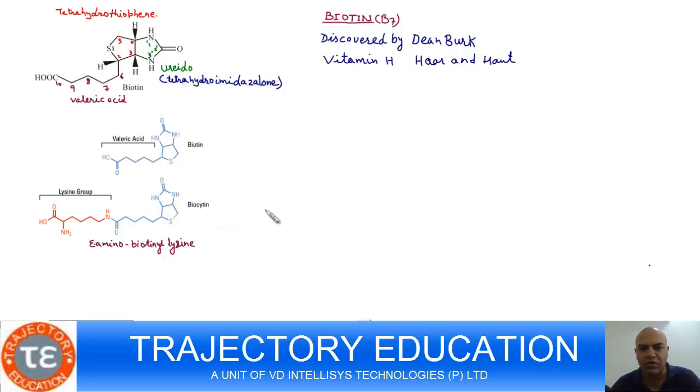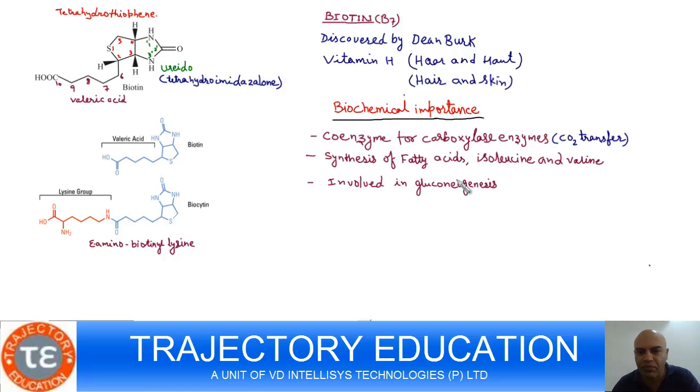Now let's talk about the biological importance of biotin, or what kind of reactions this biotin catalyzes, and that's a very long list. So first of all, let me write down that list. Biochemical importance of biotin. Biotin in the D form is used as a coenzyme for carboxylase enzymes, that is for carbon dioxide transfer reactions.